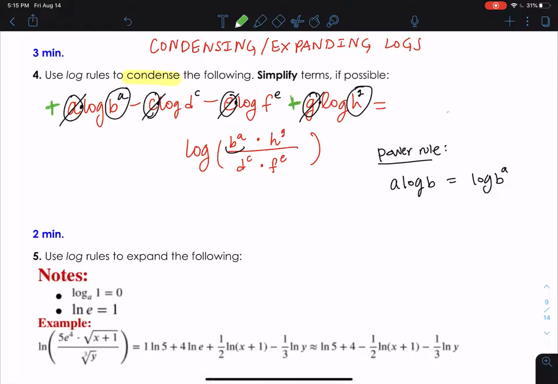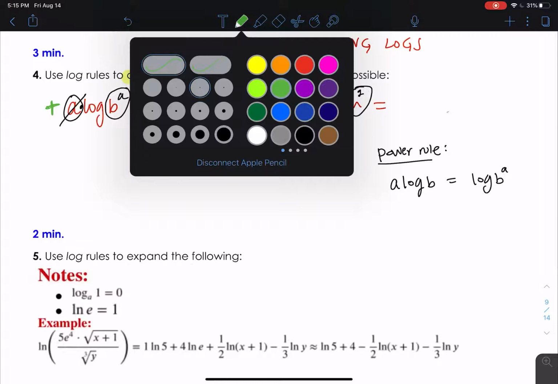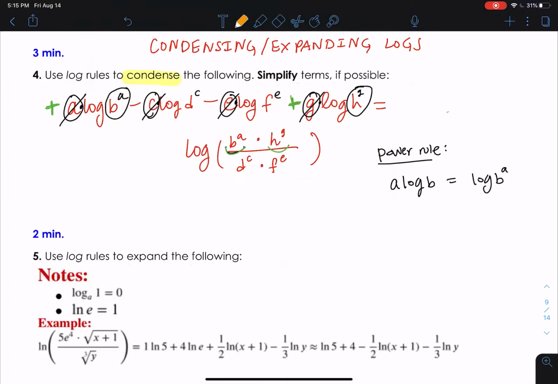So if it's a positive term, it'll go on top into the numerator. On the other hand, d to the c had a negative in front of it. So it's the sign in front that tells you what happens with d to the c. It's going to go into the denominator because it had a negative in front. Same with e log f, or f to the power of e. It has a negative in front, meaning that this guy's going to go into the denominator.